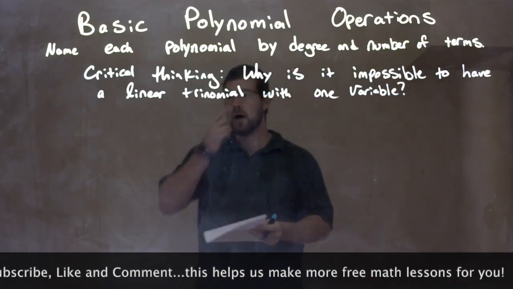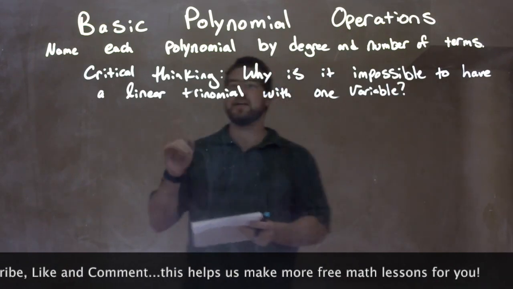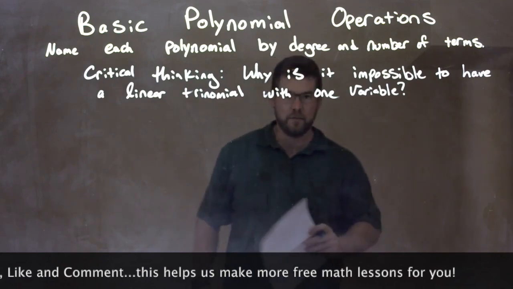So why is it impossible to have a linear trinomial with 1 variable?